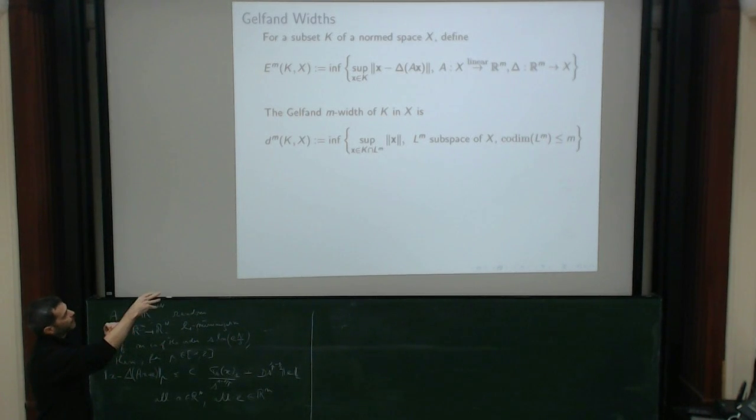In fact, probably half the diameter. So you look at the diameter there, and then you try to minimize over the choice of Lm. Okay, so that's your Gelfand width.